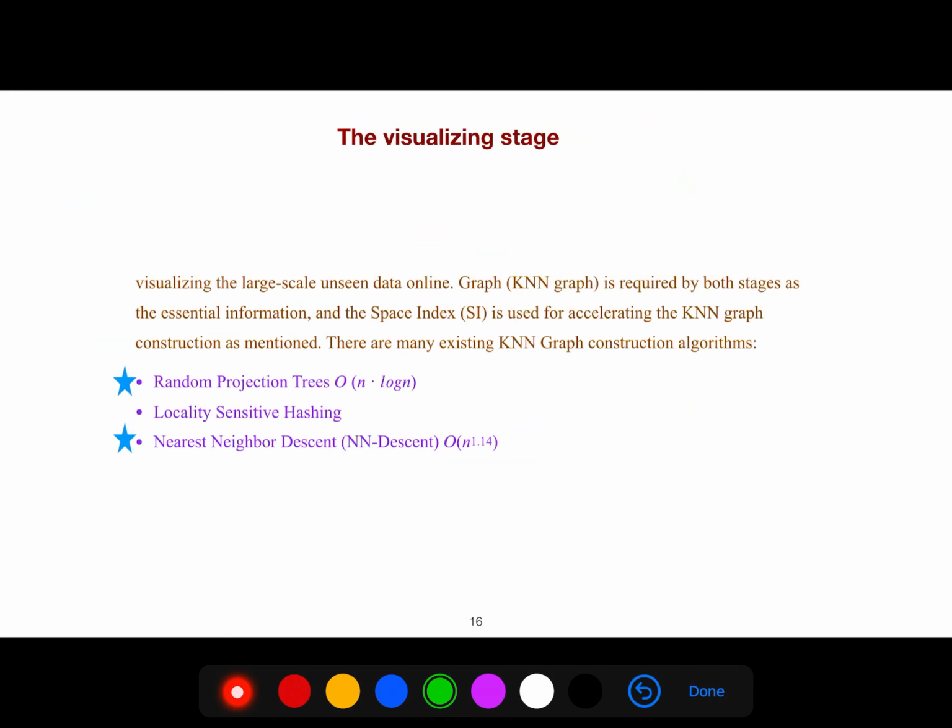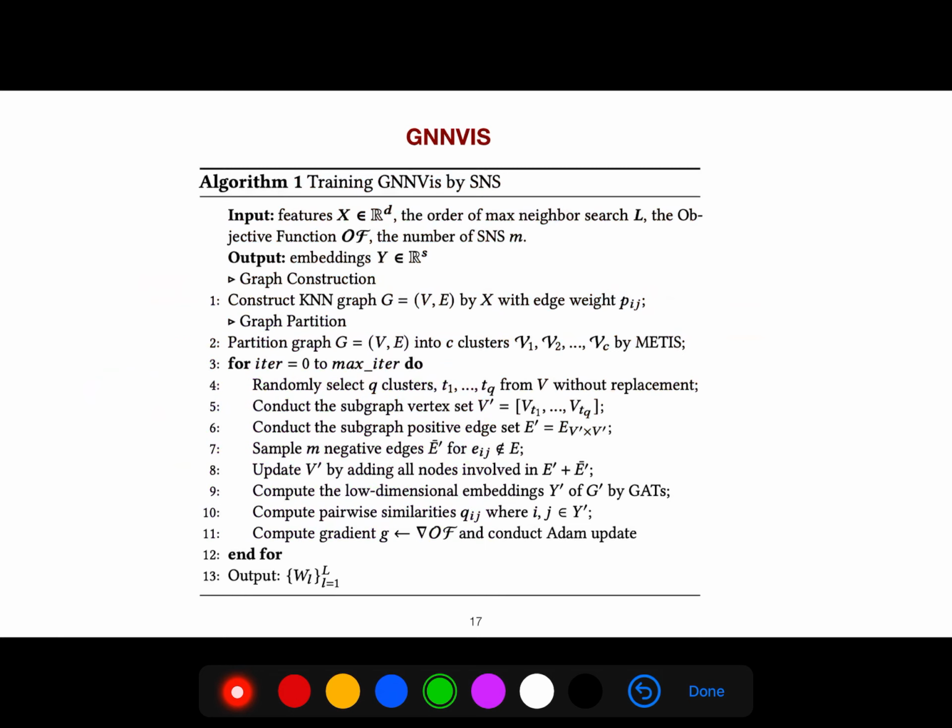And the visualizing stage, in this article, which is written by those great Chinese researchers, they used the combination of random projection trees, which is of order of complexity n log n, and the nearest neighbor descent. So of course they use both of them, first this and then this.